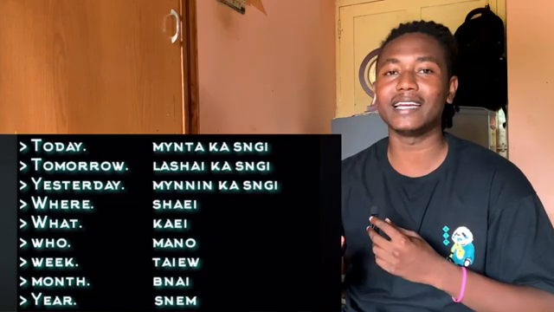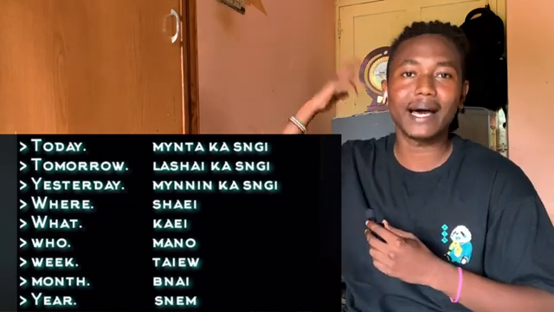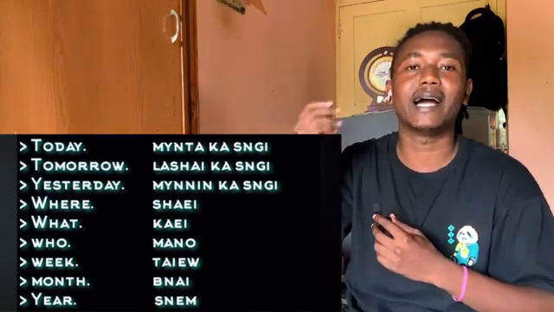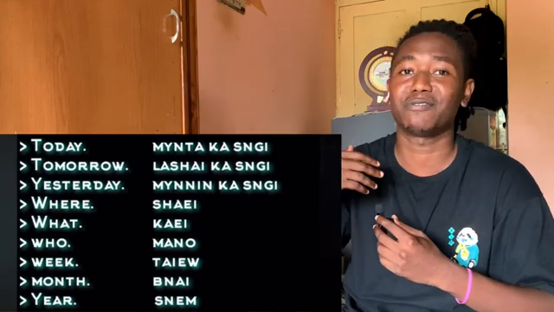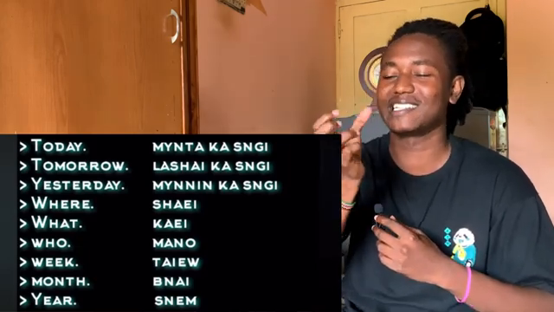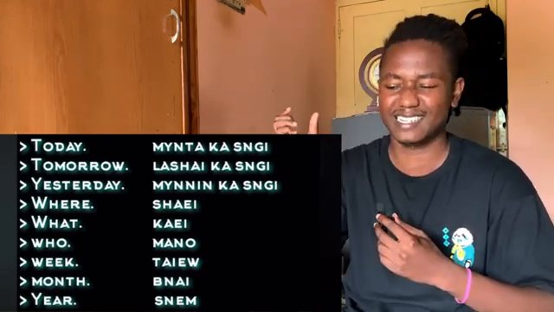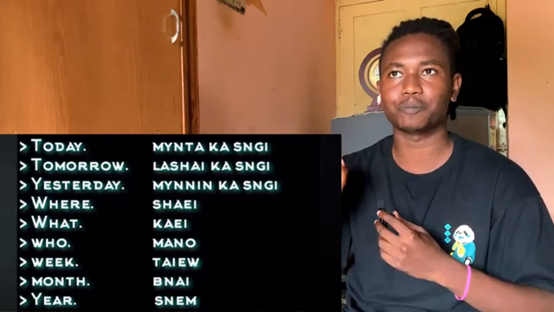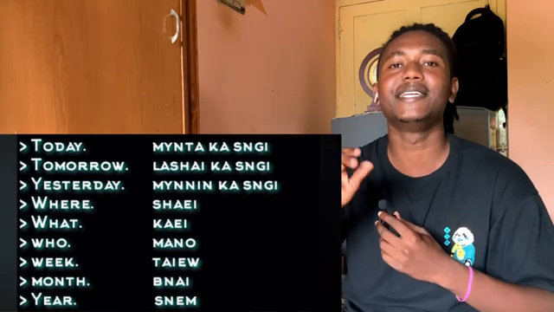Yesterday in Arabic we say umbari, or you can also say Gabli amis, but I love umbari because it's so easy and not that long. Coming to where, it's aina.